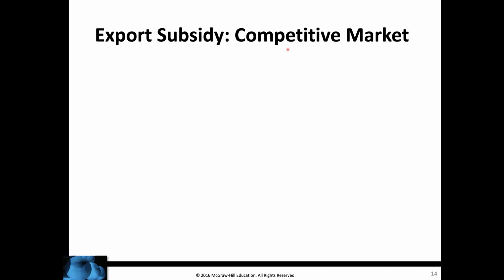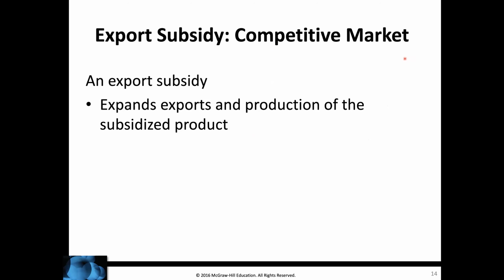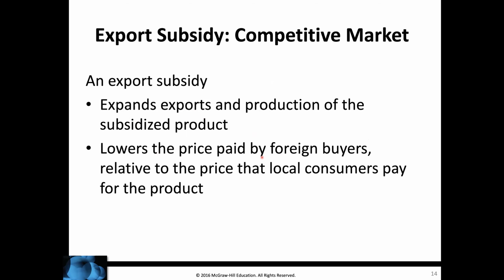So export subsidies in a competitive market. An export subsidy expands exports and production of the subsidized product beyond what it would normally be in equilibrium. It lowers the price paid by foreign buyers relative to the price that local consumers pay for that same product.